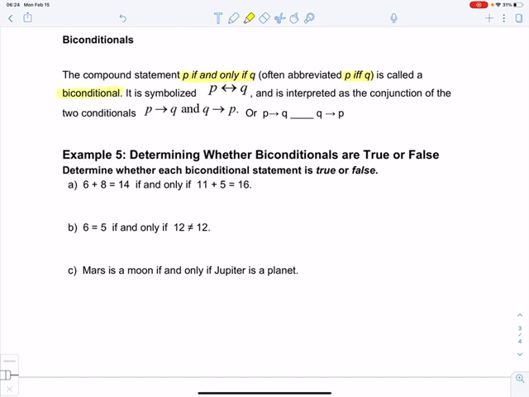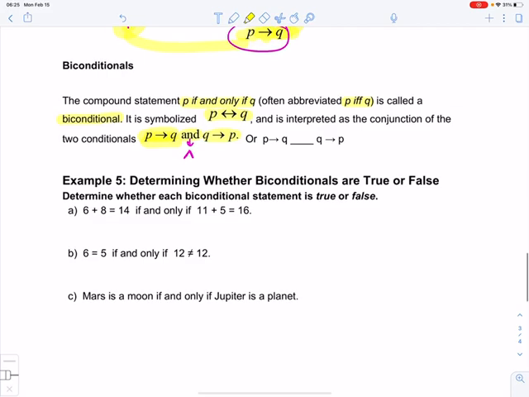It's symbolized by this P with the double arrow in the middle and is interpreted as the conjunction of two conditionals, meaning P must imply Q, and this is your conjunction, this is your "and," Q must imply P. So what this is telling me is that you have to look to see if both ways are true. So you have two conditions and you have to look both ways.